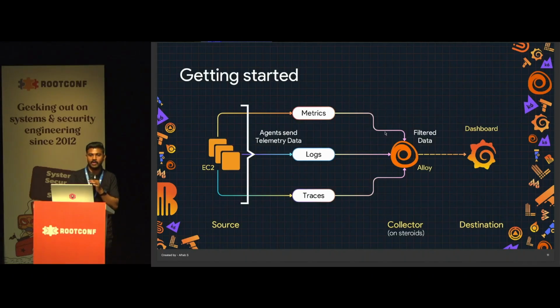It's called Alloy. It was launched recently. And this Alloy is going to filter data and send it to the Grafana dashboard. This is what we'll be doing. But we're not going to complicate things, so we'll just consider this section, the metrics filtering part.